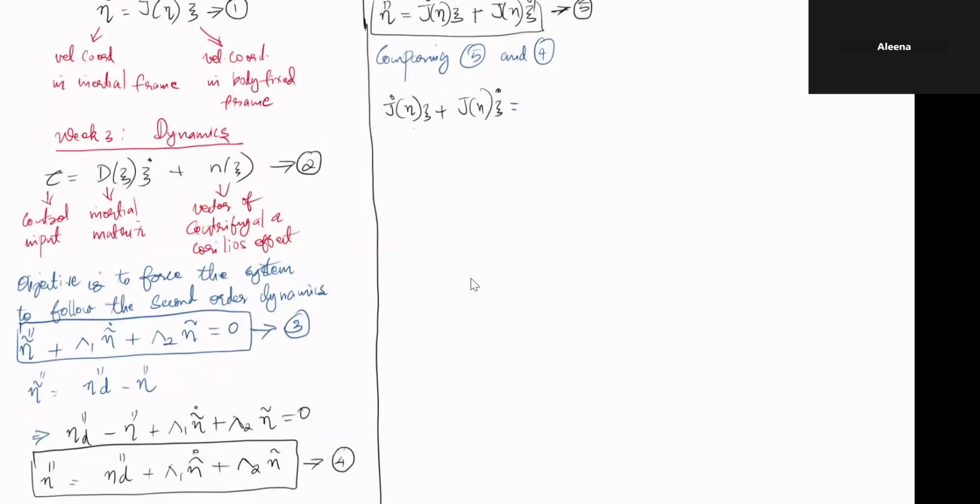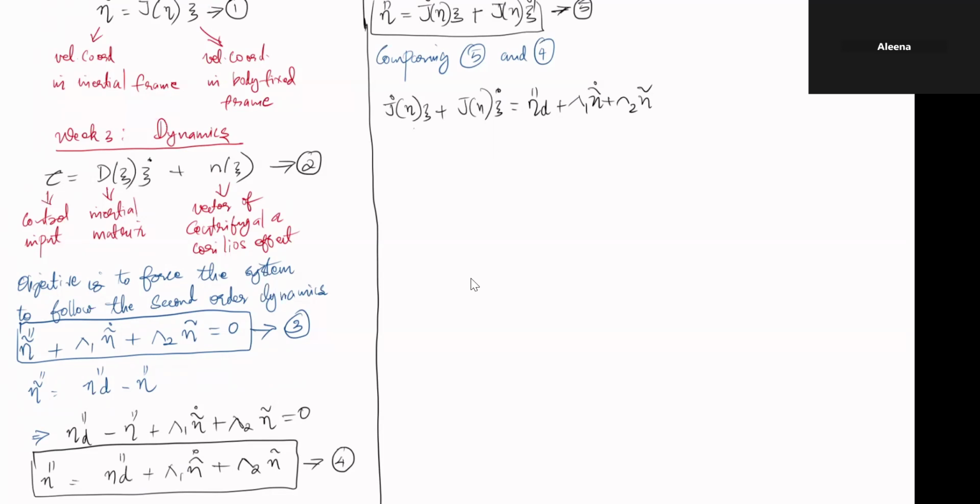It is nothing but eta desired double dot plus lambda 1 eta tilde dot plus lambda 2 eta tilde. All right, so up to this far, we have obtained this.